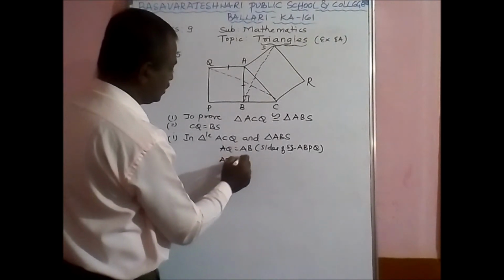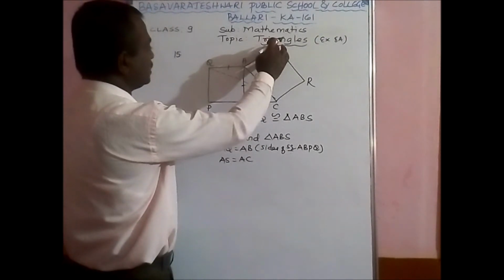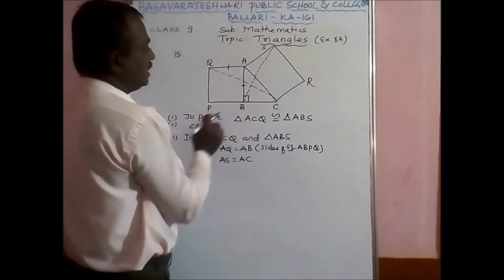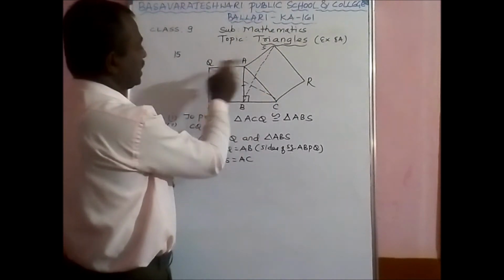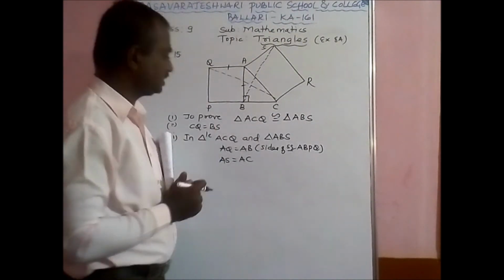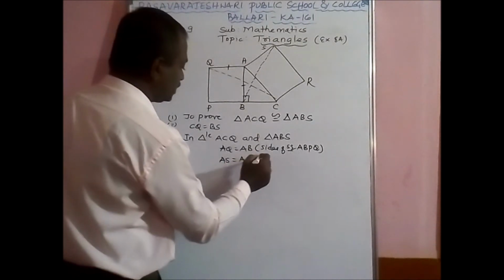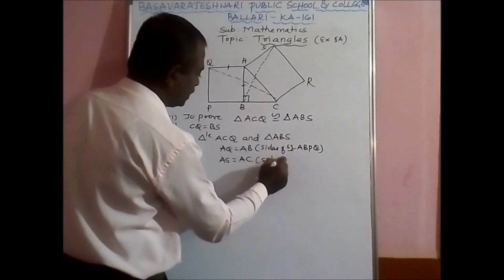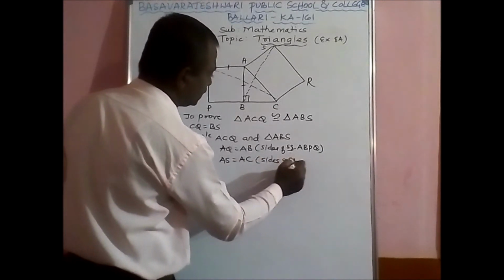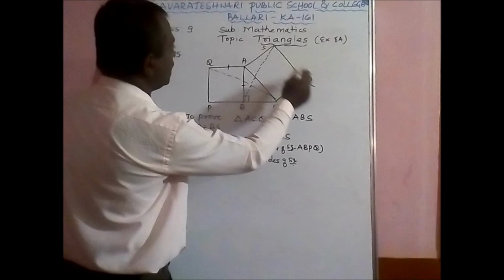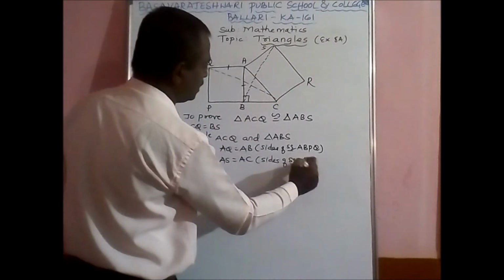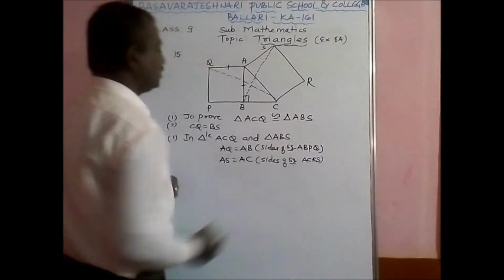AS is a side of triangle ABS. AC is a side of triangle ACQ. So these are sides of the square ACRS. Two sides are over.